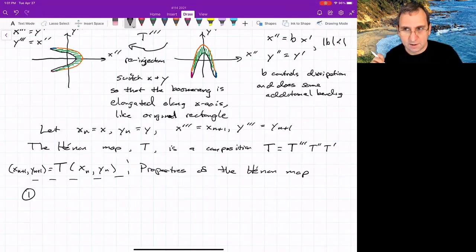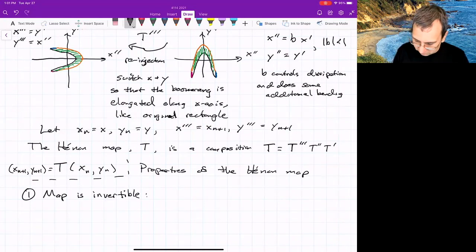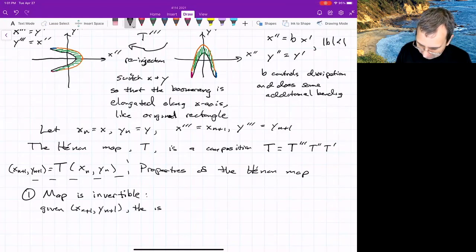Like that property for the Lorenz system, that there is uniqueness, the map is invertible, which means that given xn plus 1, yn plus 1, there is a unique xn, yn, which we might write as T inverse.